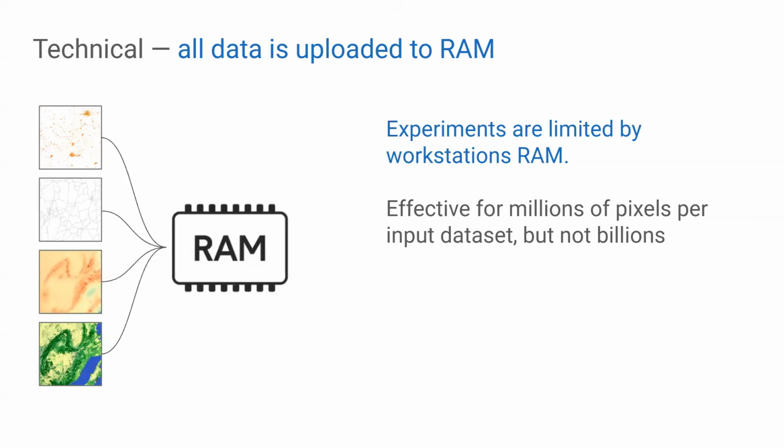There are several technical limitations. The first one is that all data is uploaded to the RAM of your computer during the Mollusc workflow. So you are limited by your random access memory amount. Mollusc is effective for millions of pixels per input dataset, but not for billions.